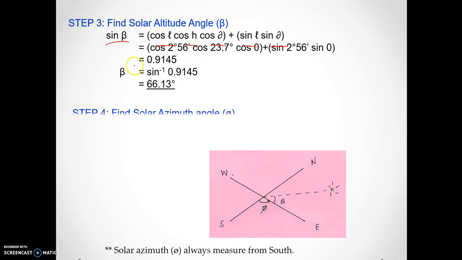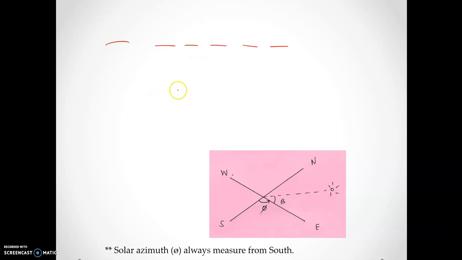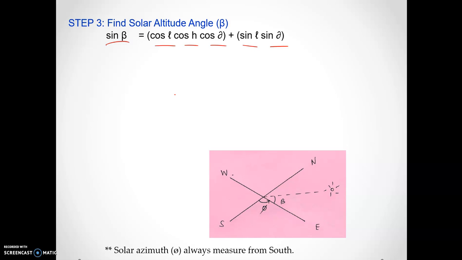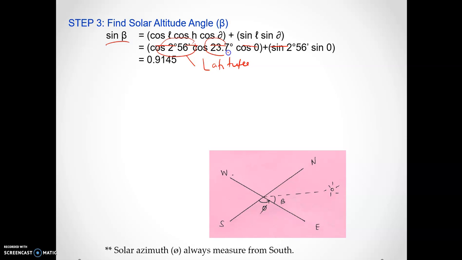L is 2 degree and 56 minutes, refer to the table of Bandar Baru Bangi for latitude. And then cos H refers to the one that we calculated before.